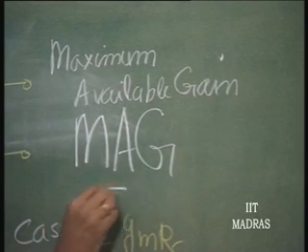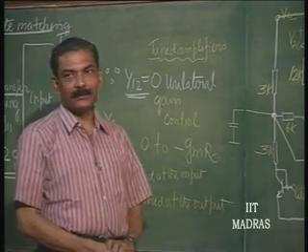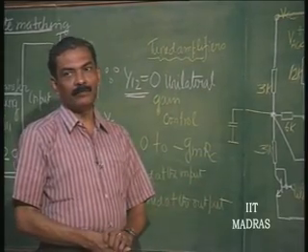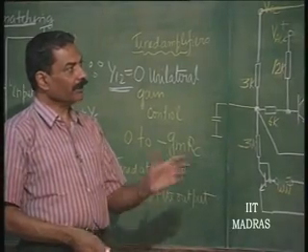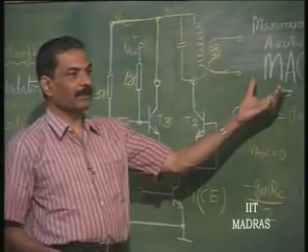This is one of the important parameters of tuned amplifiers, power amplifiers, maximum available gain. Particularly if you are designing such RF power amplifiers as transmitting stage, etc., you would like to use a device with a certain power gain called maximum available gain.